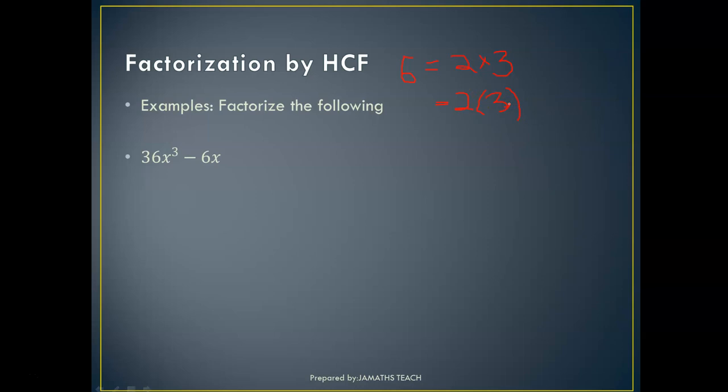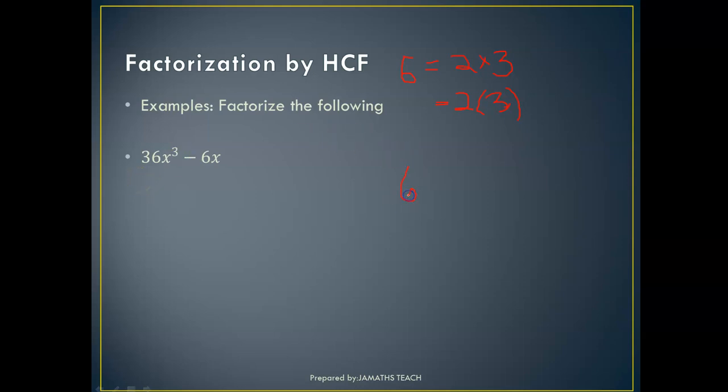Alright, so let's go. Remember, we're factorizing using the highest common factor, so that is what we have to identify first for the expressions that are given. Factorize the following: 36x cubed minus 6x. Question 1, what's the highest common factor for the coefficients, the numbers? 6.